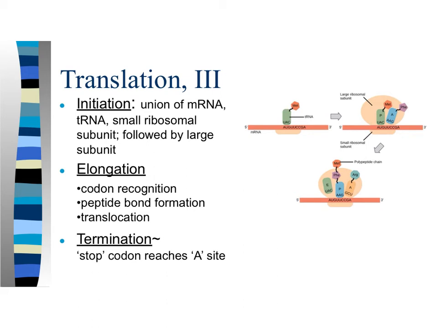In translation, we have three processes very similar to transcription: initiation, elongation, and termination. Initiation is where our tRNA recognizes our mRNA, and they pair up. This is like the signal of, hey guys, party here at my house, and it recruits the ribosomal subunit, which is actually several parts. They come together and join the party.